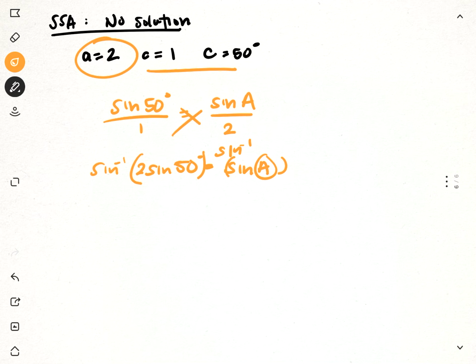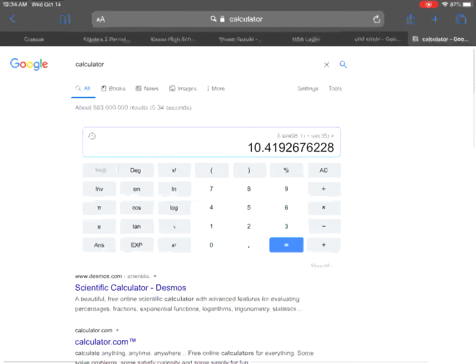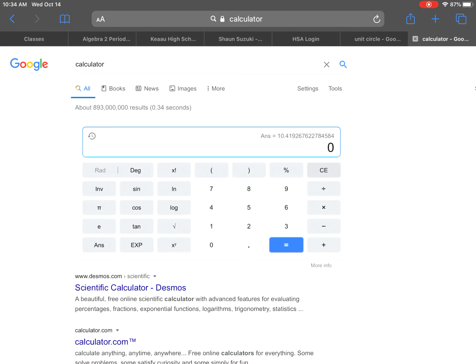Going back to a chapter or two ago, how to undo our sines and sine inverses. So they cancel. And here's the weird thing. If we plug in sine inverse of 2 sine 50, let's see what we get. Sine inverse of 2 sine 50 equals, oh, there's an error.